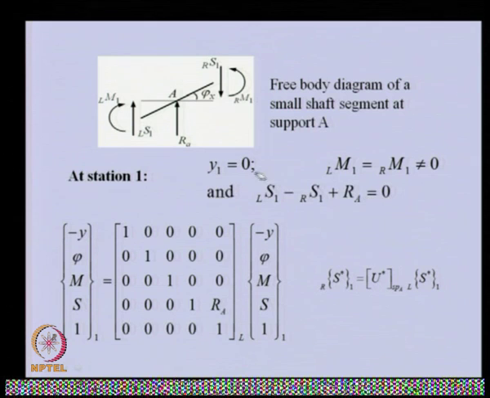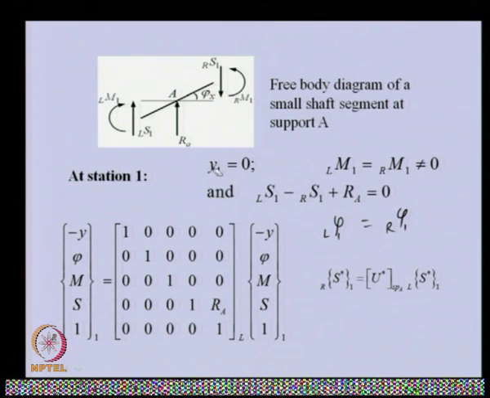Now I want to put all these equations in matrix form. Apart from this, the slope of this particular shaft will be the same on both ends. That means we have an additional condition that phi left of 1 is equal to phi right of 1.